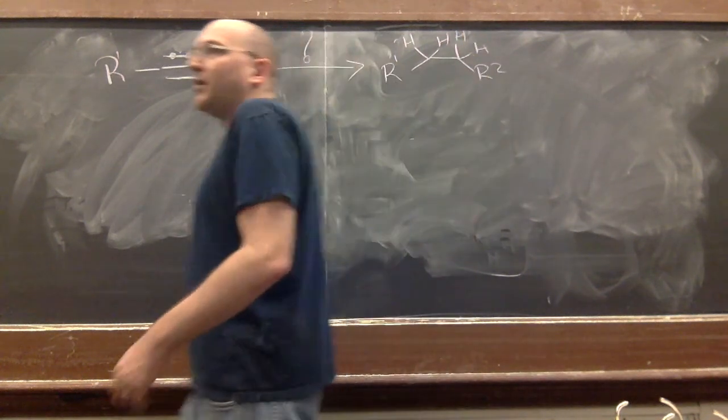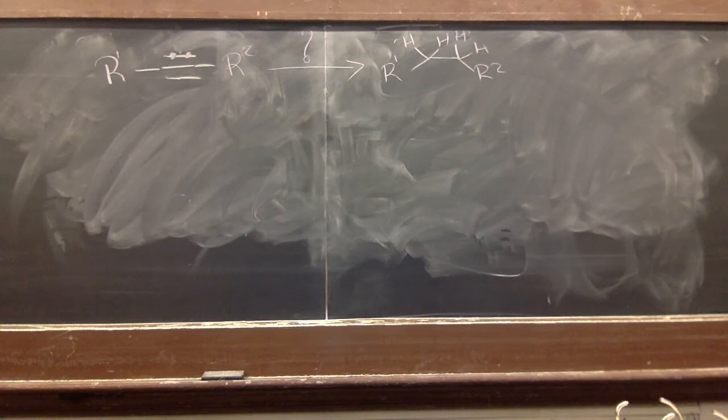We want to add hydrogen across a triple bond. We want to do it both. What reaction might you use?